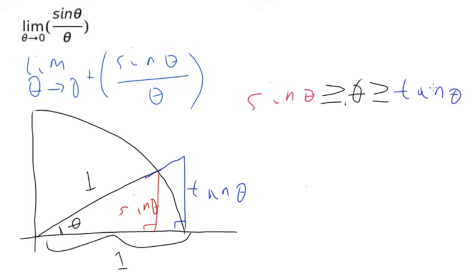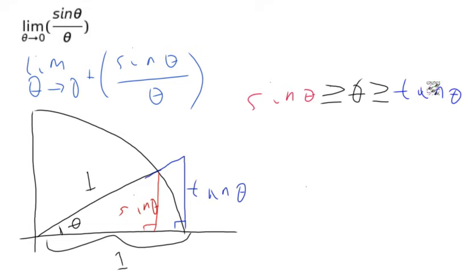Now, I want to get this center piece here to be sine theta over theta, because that's what we're looking for. So to start, I'll take the reciprocal on all parts of the inequality. When you're dealing with two positive numbers, for example, 2 is less than 3, when we take the reciprocal, we have to flip the inequality. 1/2 is greater than 1/3. And because we're dealing with just the first quadrant here, everything is positive.